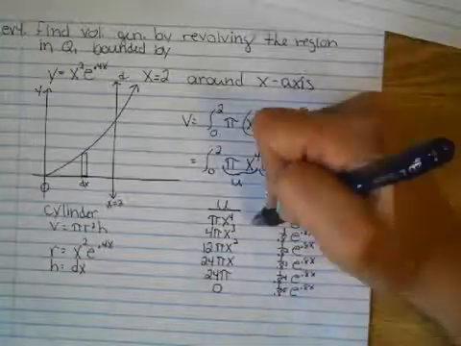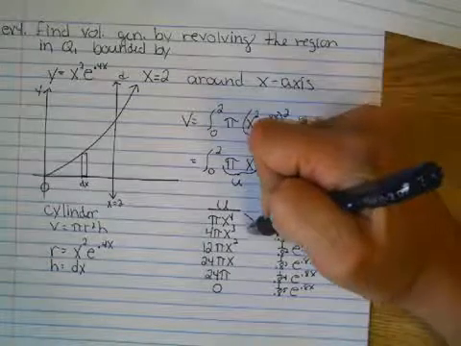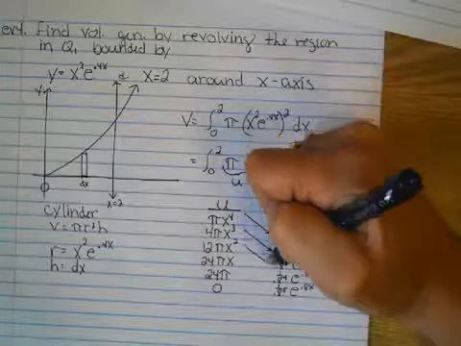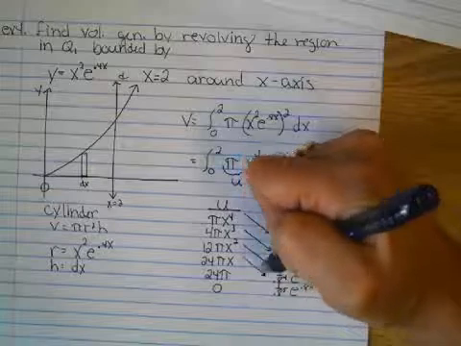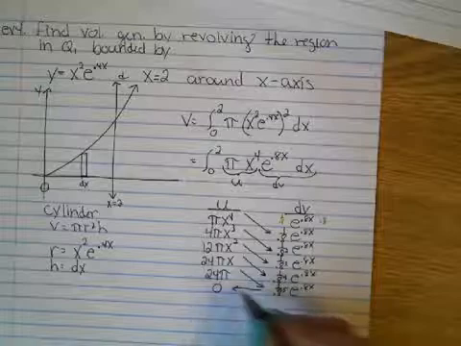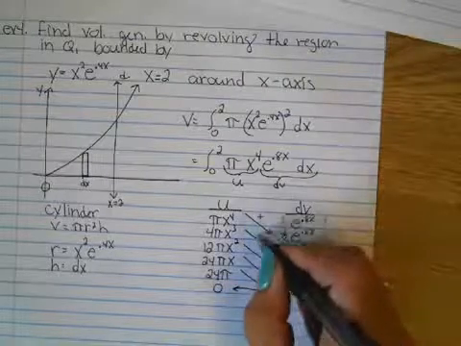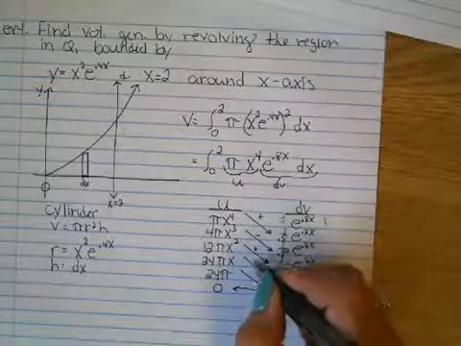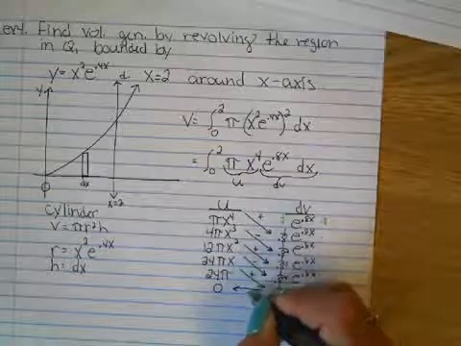So, this will be 1, 2, 3, 4, 5. That's going to be a 0. So we got plus, minus, plus, minus, plus.